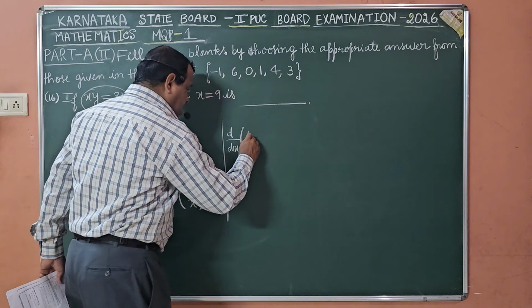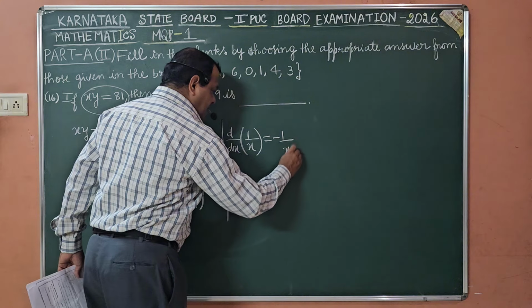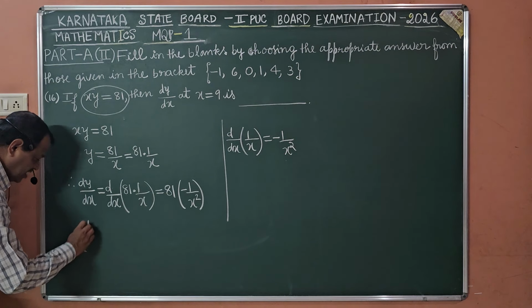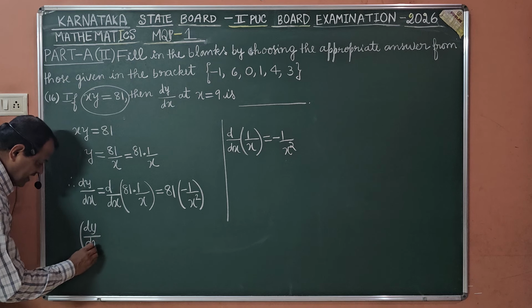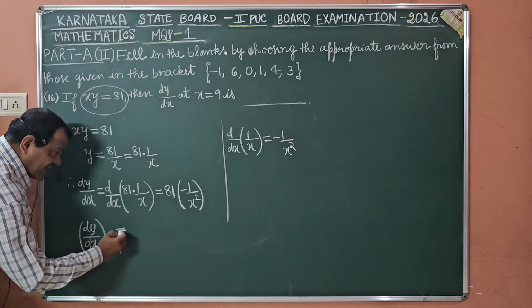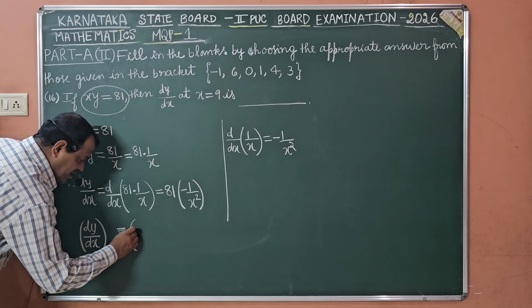Hence, now put in dy by dx at x equal to 9. See, on the right hand side, what we have? 81 into minus 1 by x square.